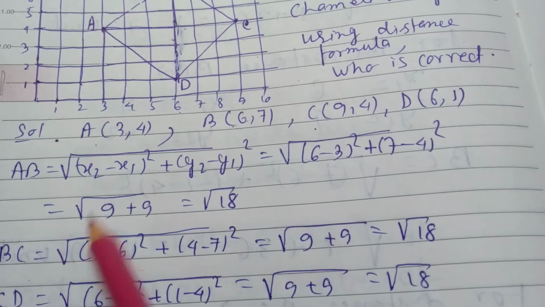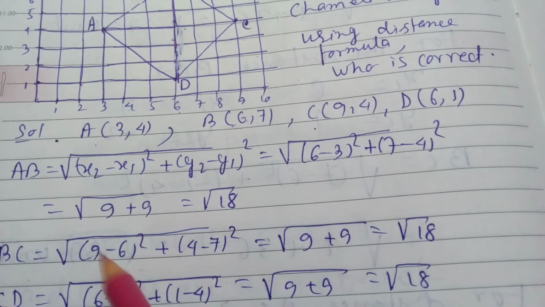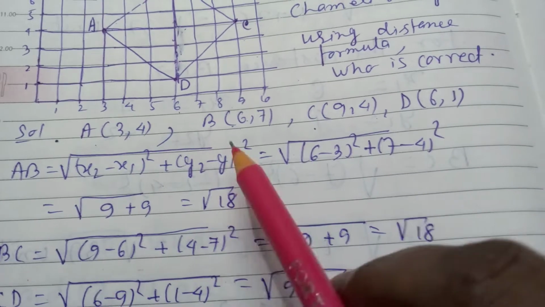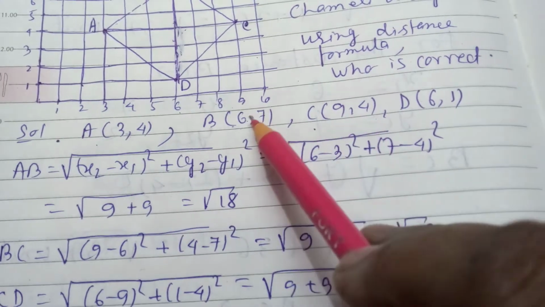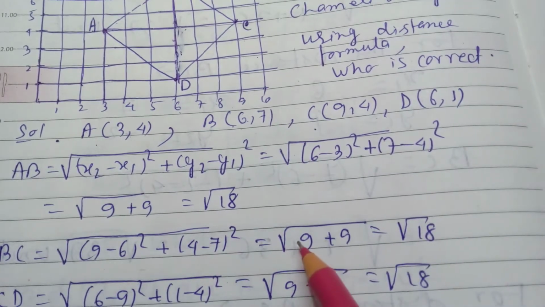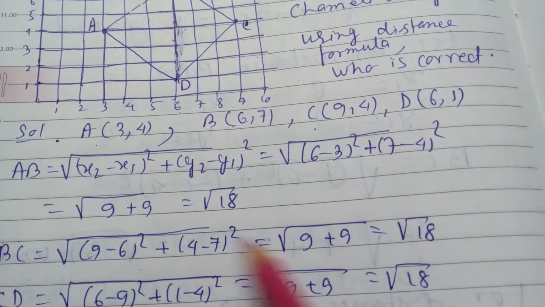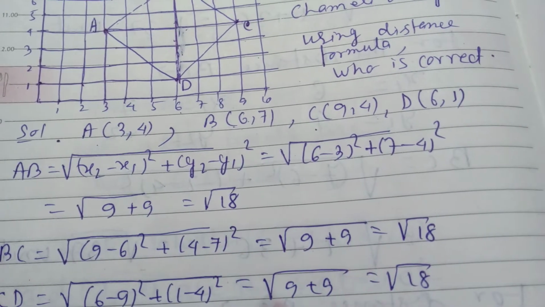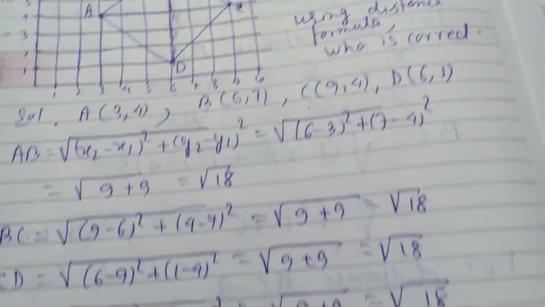Now BC, same formula, so I have not written the formula again. Directly I have put the values: (9 minus 6) square plus (4 minus 7) square. That is 3 squared, which is 9, and minus 3 squared, which is also 9. So it is root 18.